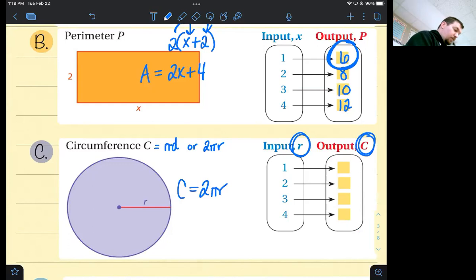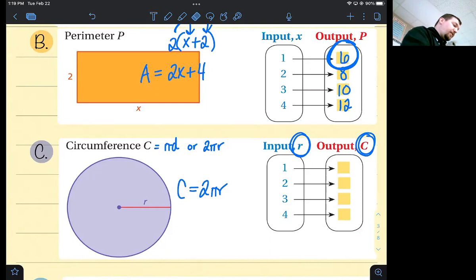You could say c equals 2 pi r plus 0, because if you don't have a radius, you're not going to have an area. So it makes sense that, as Julia mentioned before, this is going to start at the origin. So when I plug in 1 for the radius, let's write our outputs in terms of pi. Save us some work.